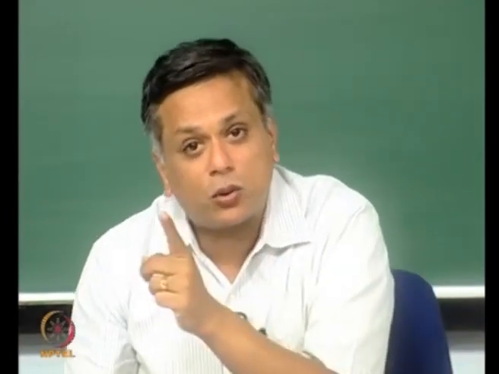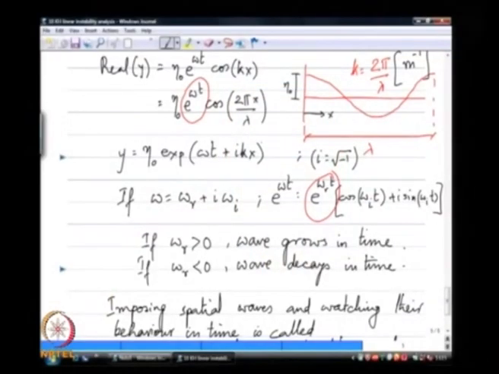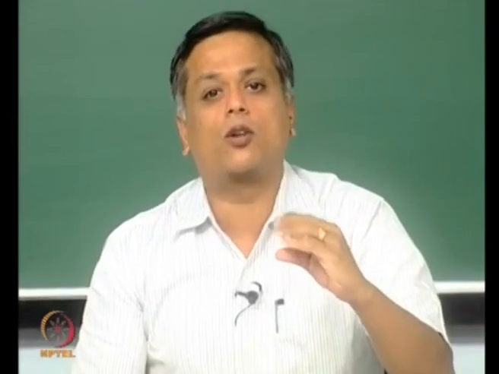If the wave is also doing this, like all waves do, there is a motion of the crest in time to the left or to the right. There is a wave speed associated with that crest. That wave speed is given by this omega I and k, the wave number, put together. Okay. So, as far as the actual stability, whether the thing grows in amplitude or decays in amplitude, is only determined by the real part of omega.